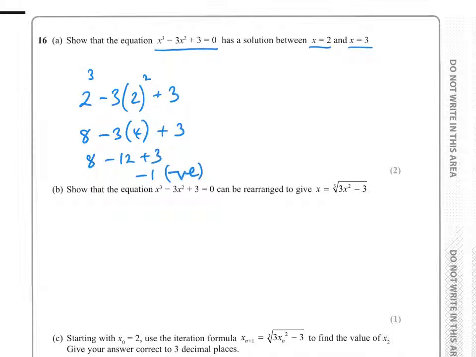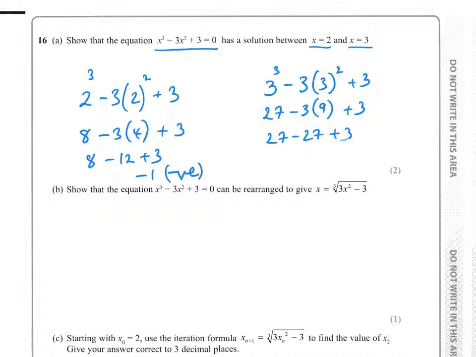If I then put 3 in the same expression, I'd have 27 minus 3 times 9 plus 3, which is 27 minus 27 plus 3, which gives you 3, which is positive.